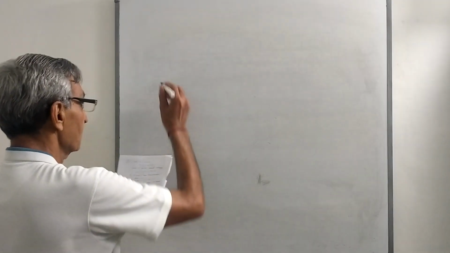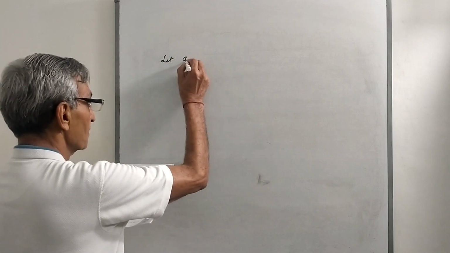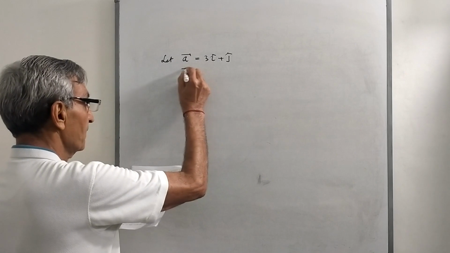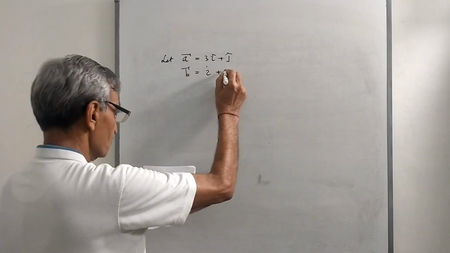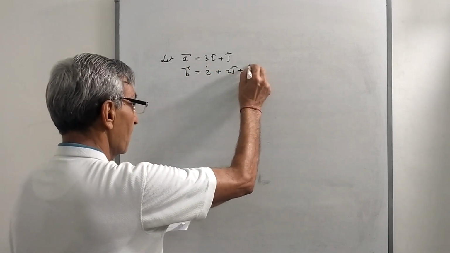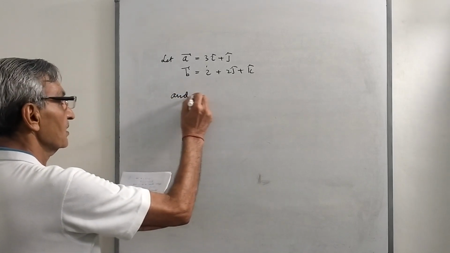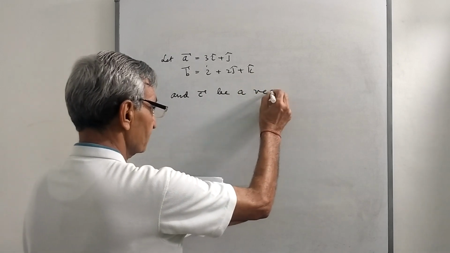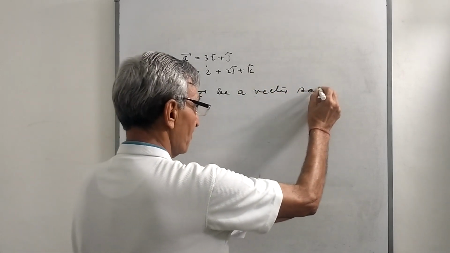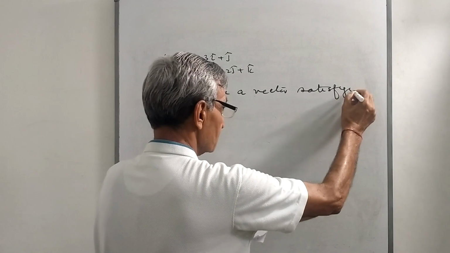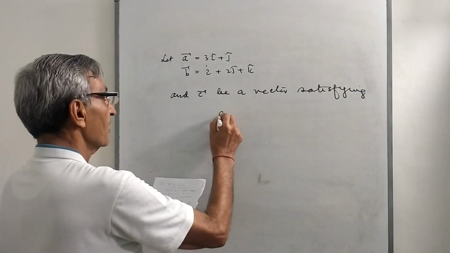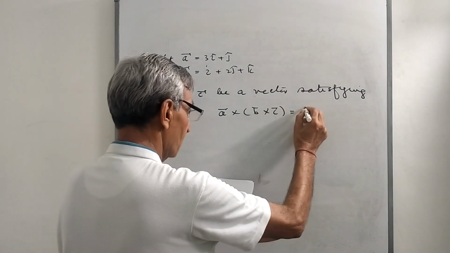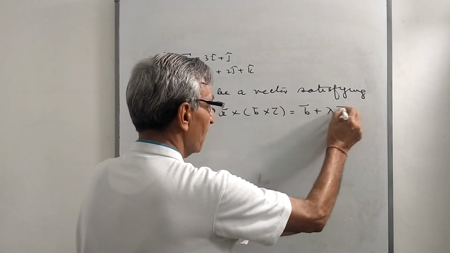My first question is: let A be equal to 3i plus j, B is equal to i plus 2j plus k, and C be a vector satisfying the condition A cross B cross C. I told you this vector triple product is important to remember.